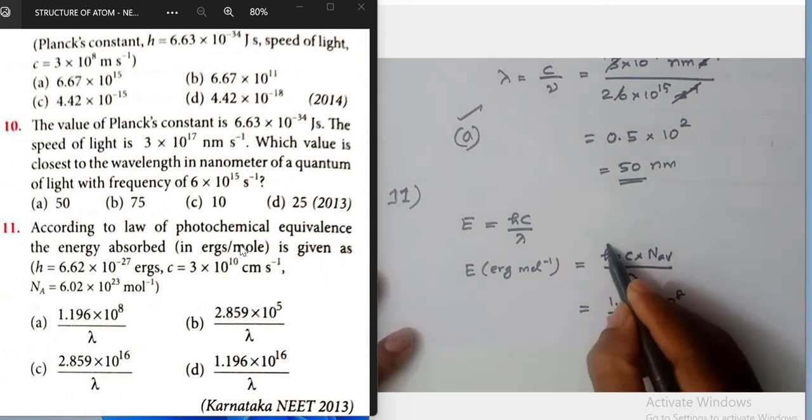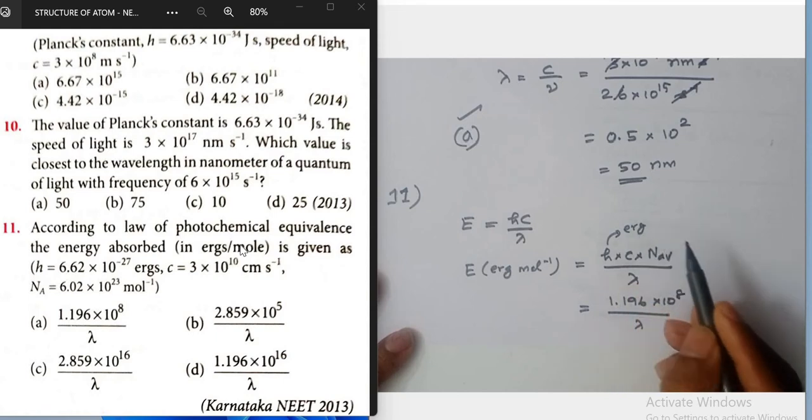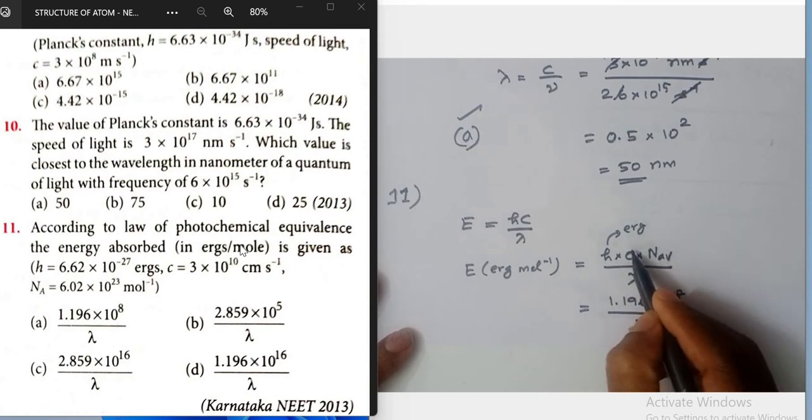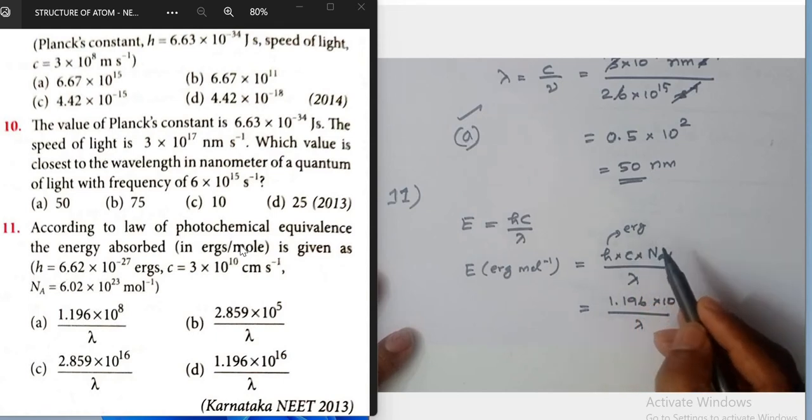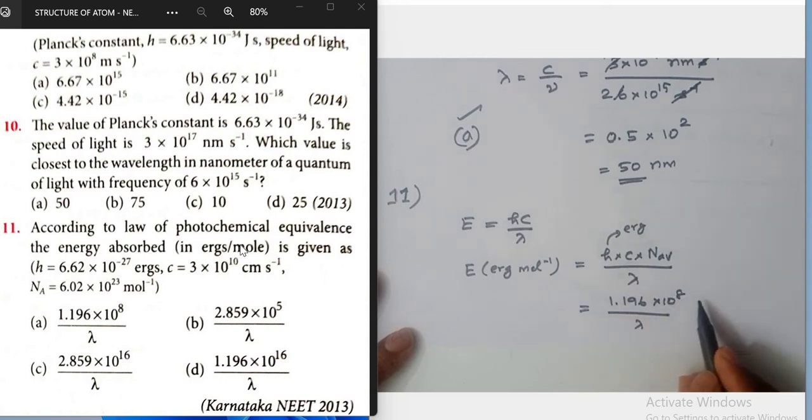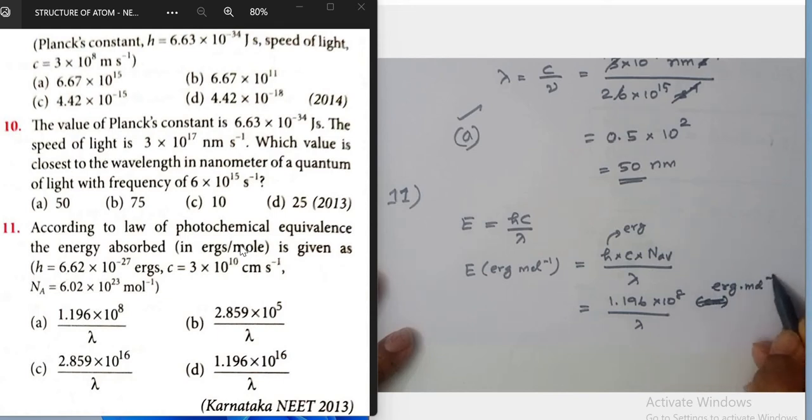Since h value is given in erg, and velocity of light c is given in centimeter per second, the numerator in this case has the unit of centimeter. If you put wavelength in centimeter, then the energy will get the unit erg per mole.